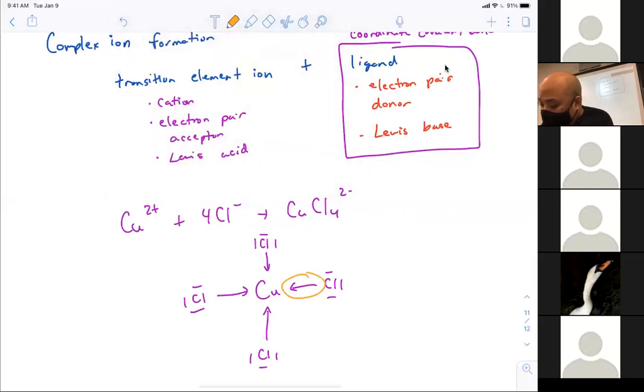And this arrow identifies a coordinate covalent bond. So when you put an arrow on a covalent bond, it shows it's coordinate, or dative is another term for it.